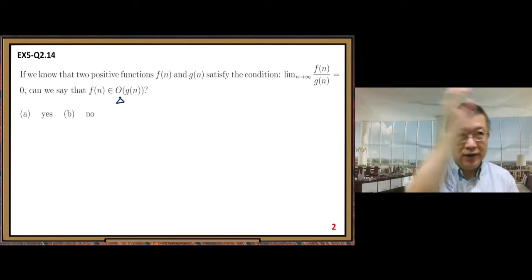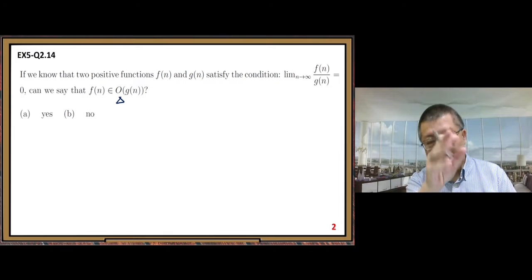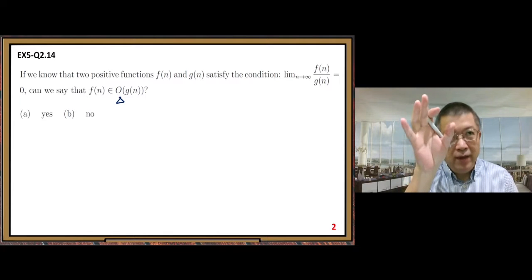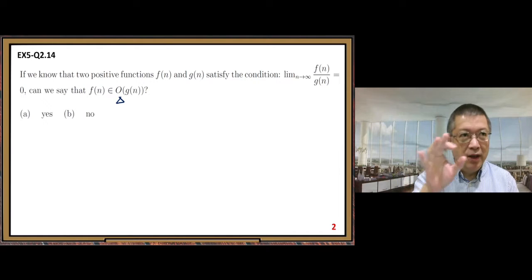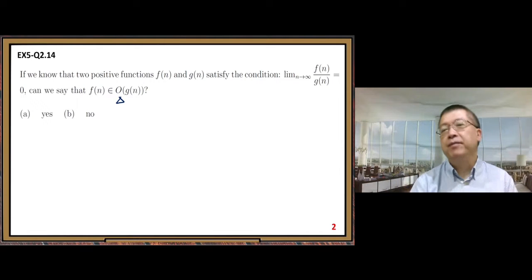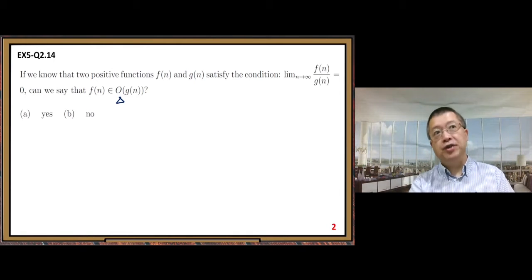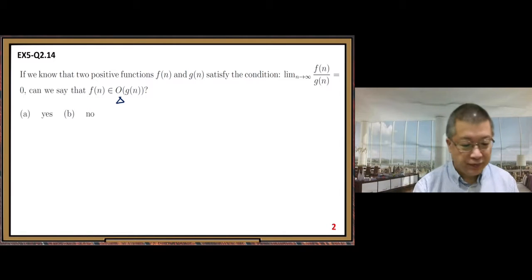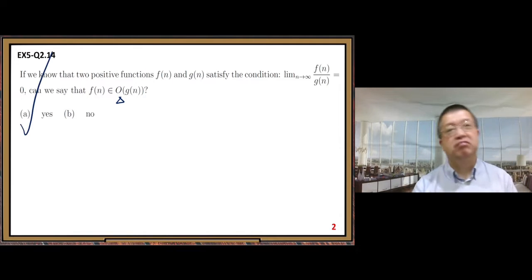There is a positive constant multiple of g of n that can be used as the upper bound for f of n when n is sufficiently large. That's the definition. Here the answer is yes.